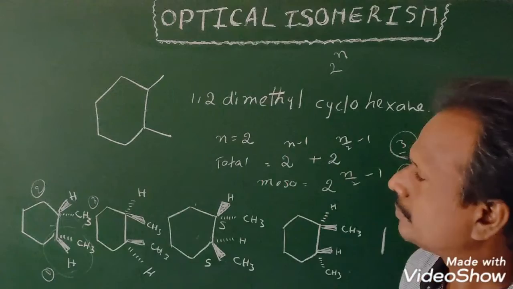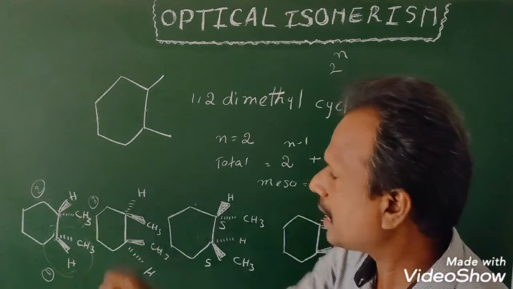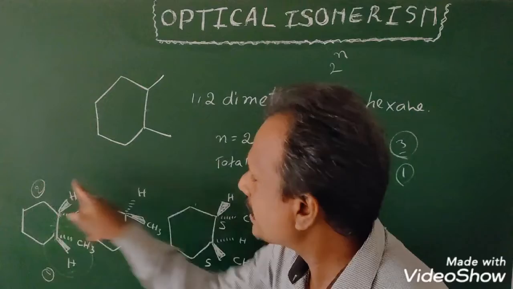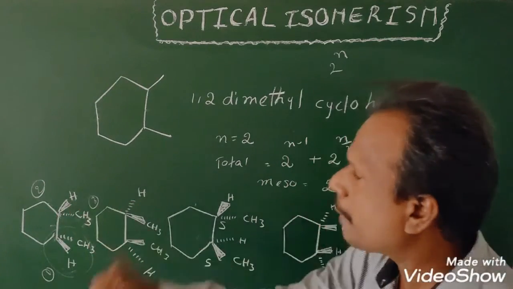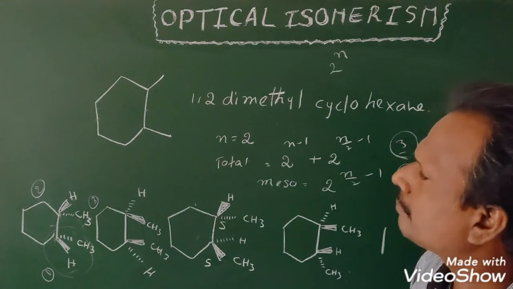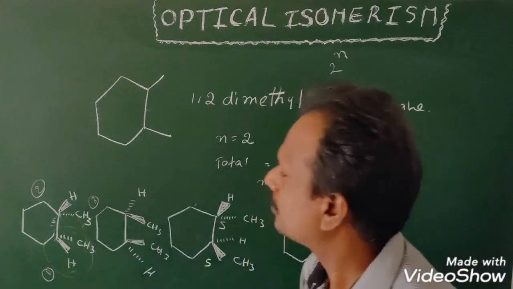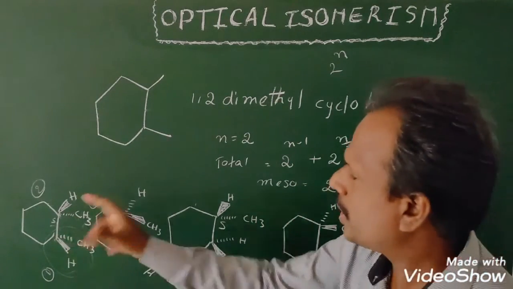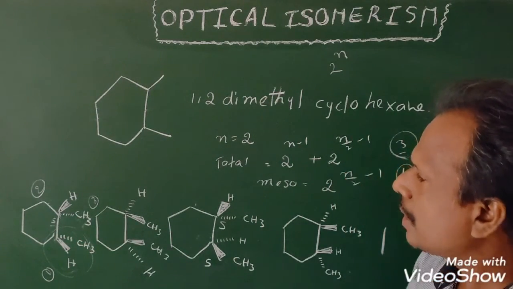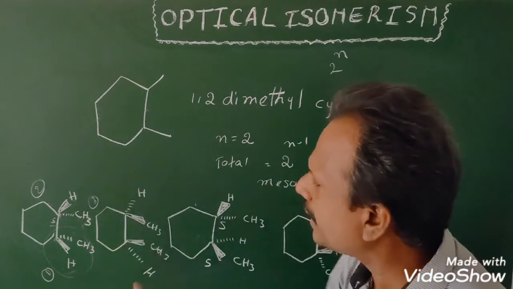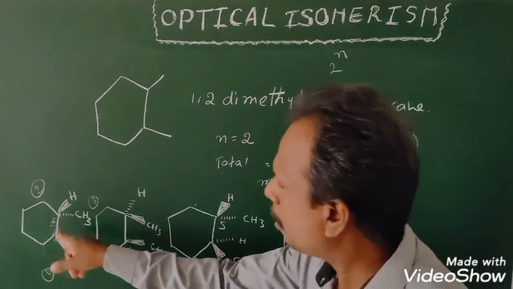H order means a small group. Clockwise, small group is above the plane. Then what is the chirality? Chirality becomes S. In Wedge dash projection, small group is above the plane. For clockwise numbering, chirality is S. So chirality of this chiral carbon is S.